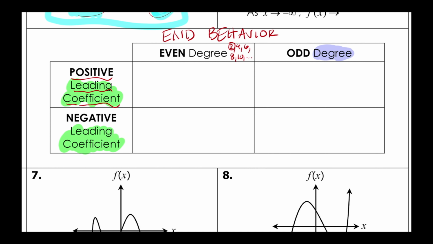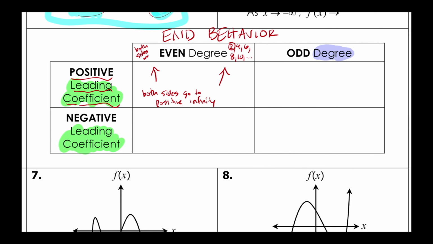So looking at the end behavior, each side faced up, right? So we can say both sides go to positive infinity. And if we have an even degree, both sides always match.